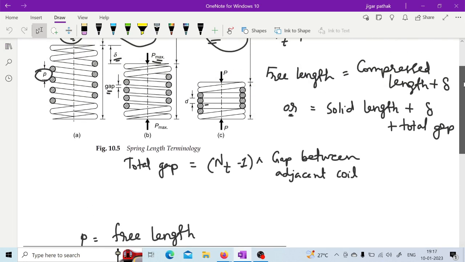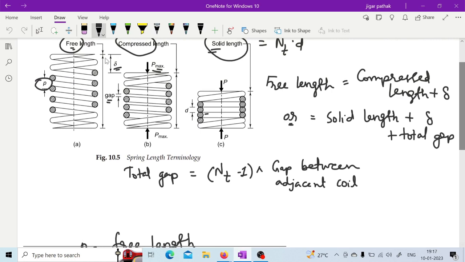See, in case of total gap, as you can see here in this figure B, the total number of coils or total number of turns will be the total number of turns minus 1 into this gap. Because whatever total number of turns we have at the beginning, if you number the turns 1, 2, 3, 4 and so on, up to here, what will be the gap?